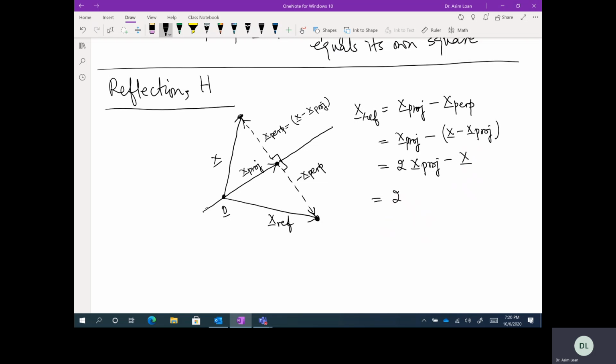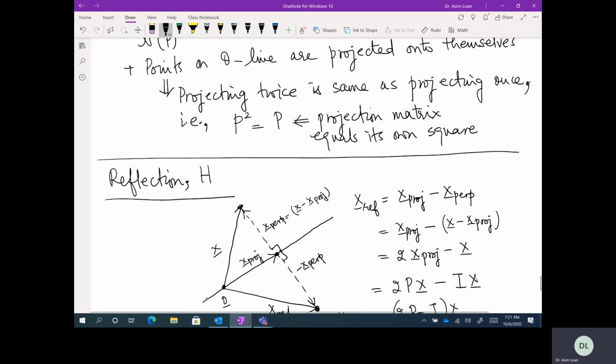This I can write as 2P times x minus I times x, which implies that H times x is (2P minus I) times x.